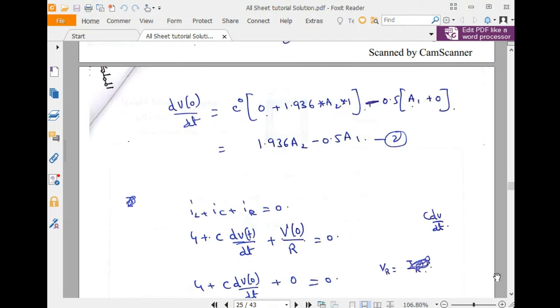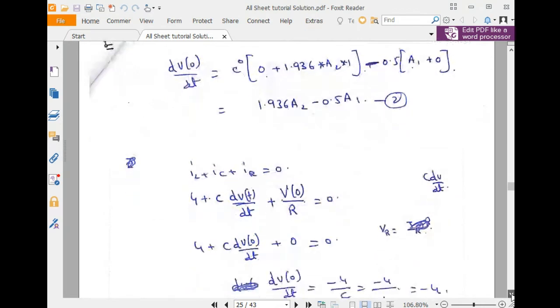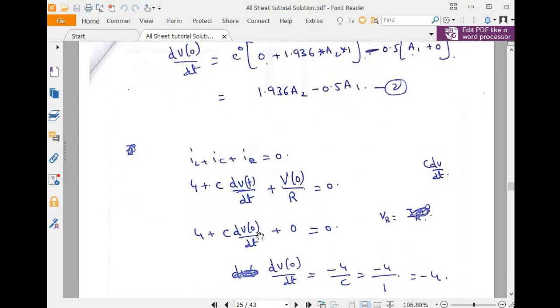This is the standard equation. Substitute the values at t equal to 0 here. C is given, and dV of 0 by dt you have to find. This is not given. V of 0 by R, with V of 0 equal to 0.